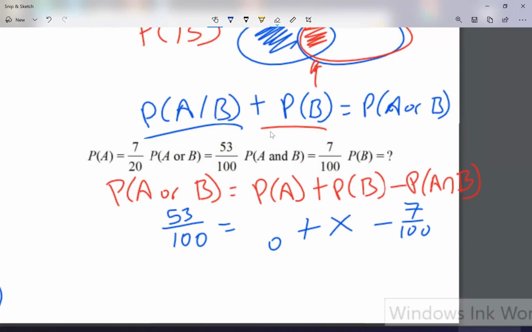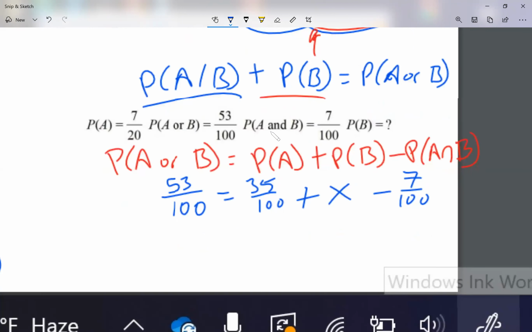My first fraction here, 7 over 20, let me call that 35 over 100, because I know for subtraction, I like to do common denominators. So I'm going to end up finding, let me move this up here. I have the 53 over 100.